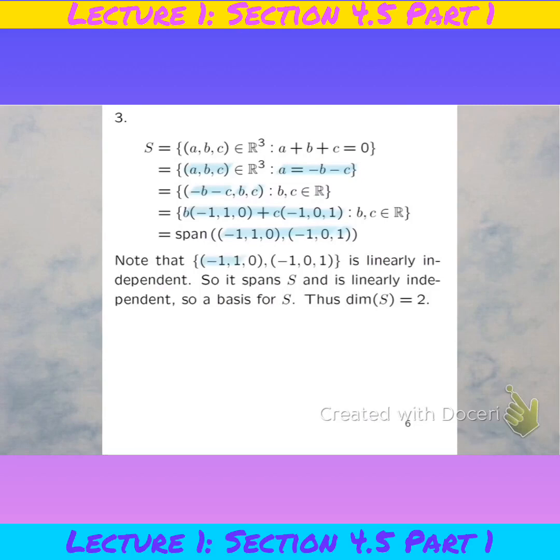So if we take B to be the set of those two vectors, you can note that those two vectors are linearly independent, because again, the same story.